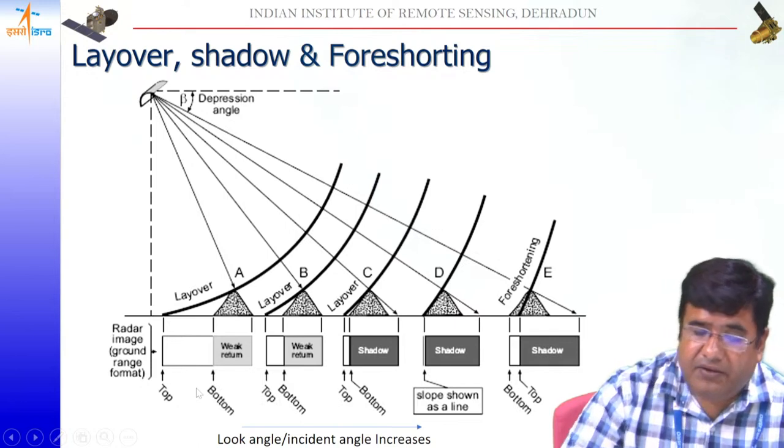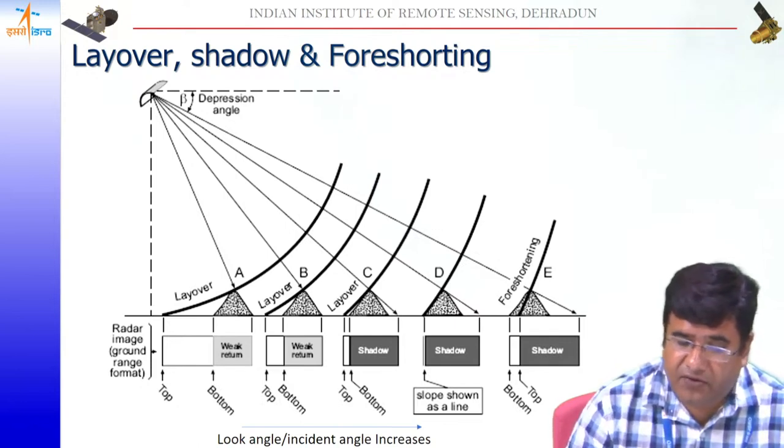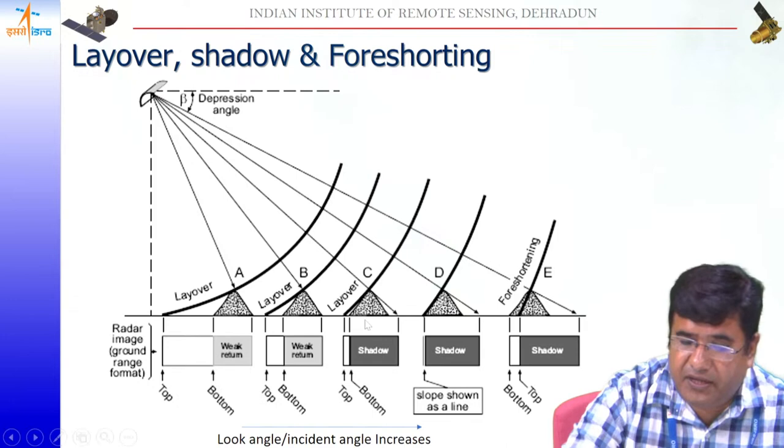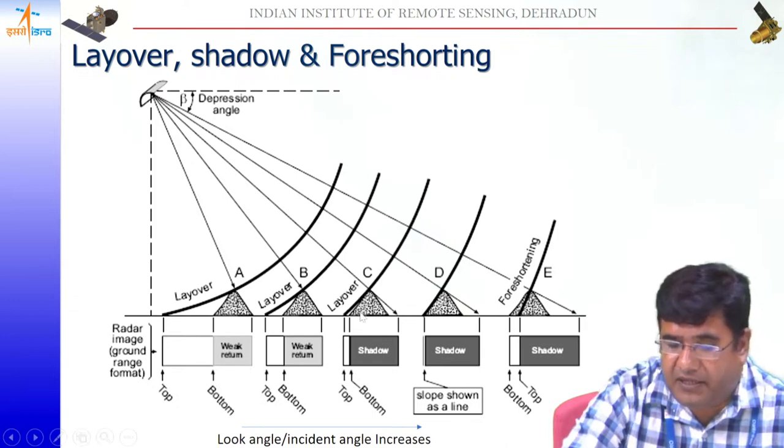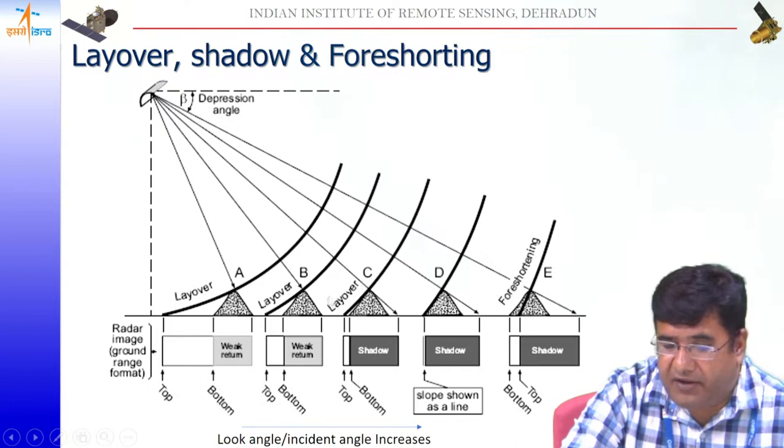If you want to avoid the layover, we have to do in-between imaging, like from 40 to 45 degrees. Then we get less layover, and shadow will be more.